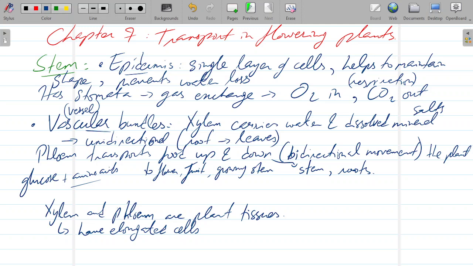And they're surrounded by other cells that support them.